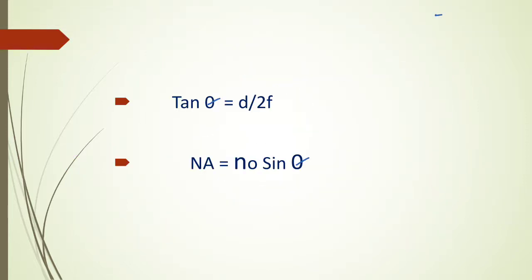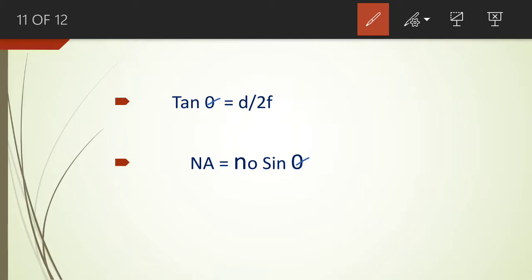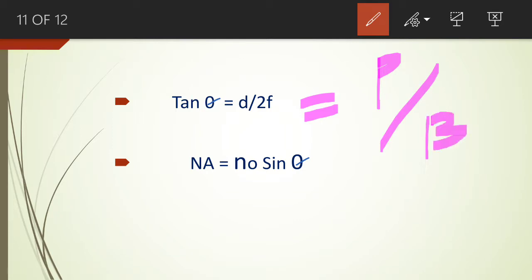So we know that tangent of this angle will be equal to perpendicular divided by base of the triangle. The perpendicular of the triangle is d by 2, and the base of the triangle is f.